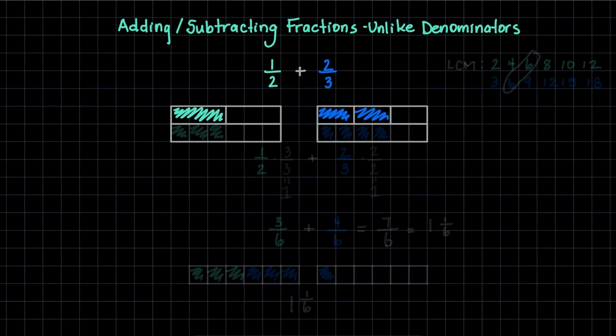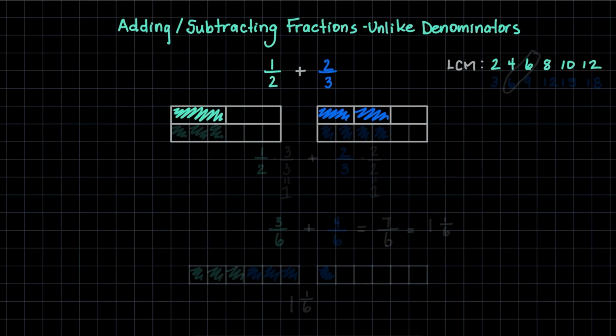So I'm going to do some scratch work. To find the least common multiple means I'm just going to list out the multiples of 2, and the multiples of 3, and pick the smallest one that is common between the two. So 2, 4, 6, 8, 10, 12, and I'll stop there.